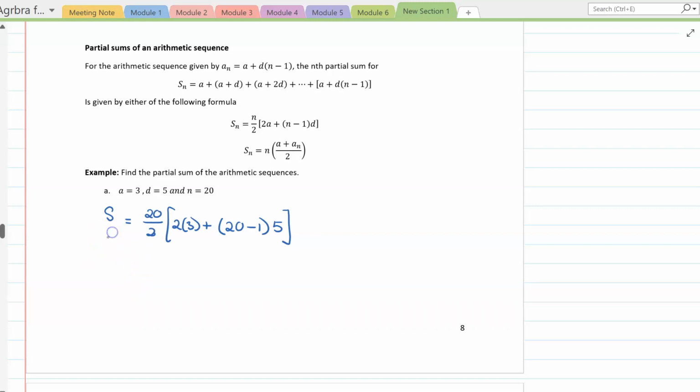That is 10 times 6 plus 19 times 5. 19 times 5 is 95. So that is the partial sum of the first 20 terms.